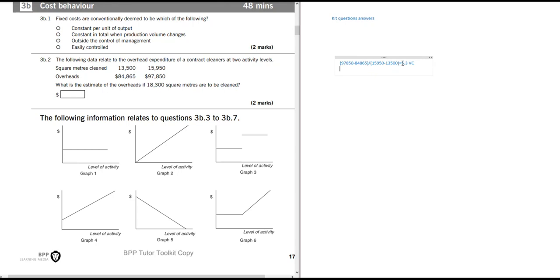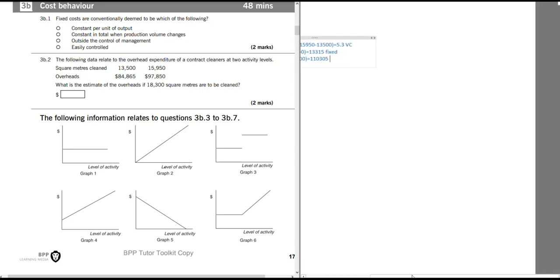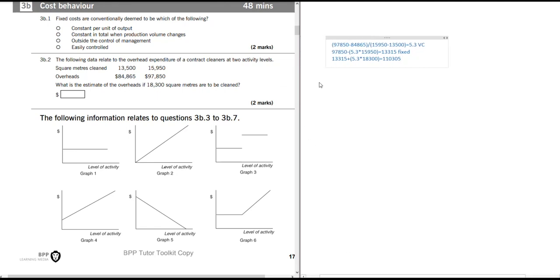Once I have variable cost, I can take any activity to find fixed cost. Once I have the fixed cost, I can use that to find total cost, which is 5.3 multiplied by 18,300 total square meters cleaned. So 110,305 is going to be the answer.